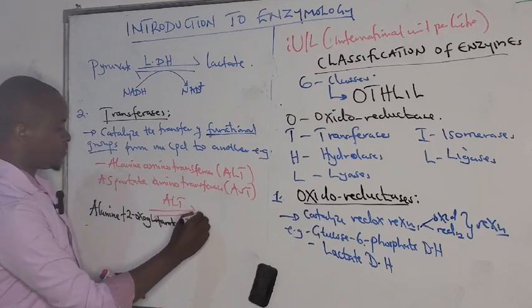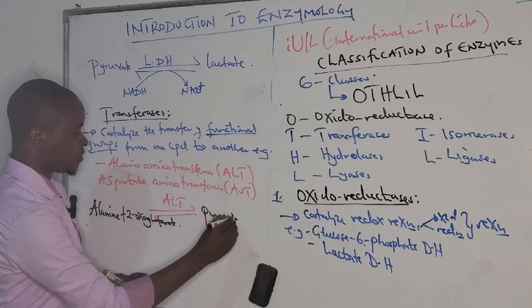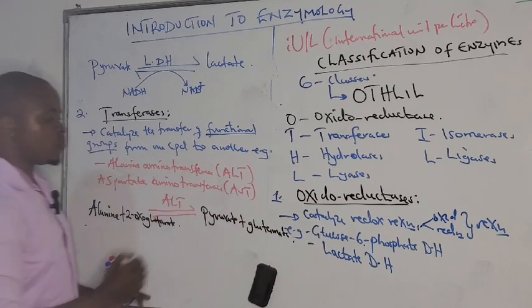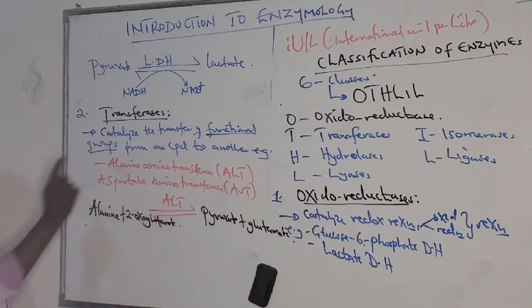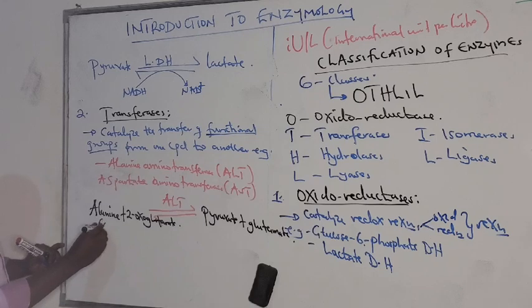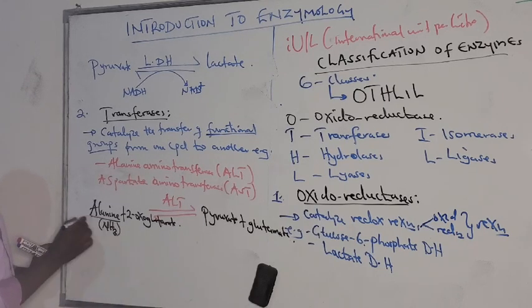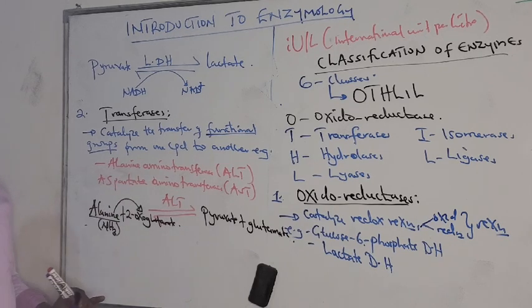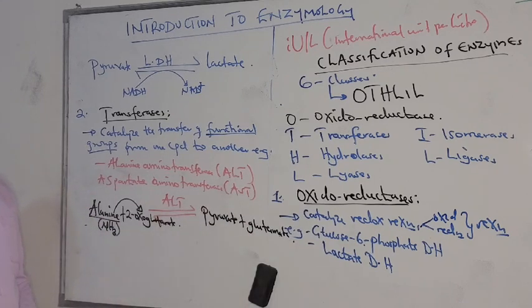Alanine has the amine group, and ALT transfers it from this amino acid and puts it on 2-oxoglutarate. Then we end up forming pyruvate and glutamate. That is the role of transferases.